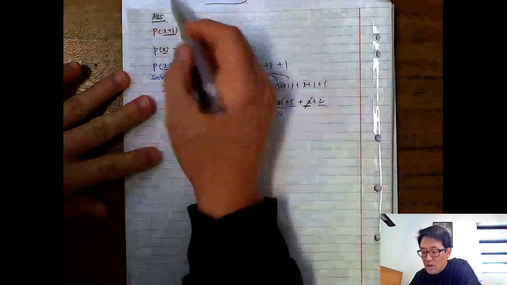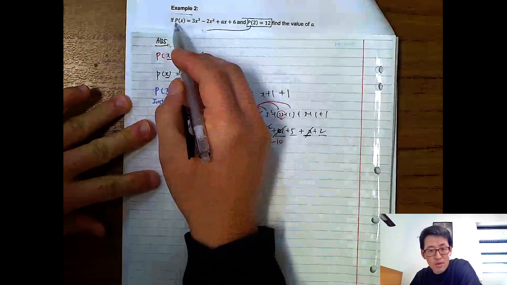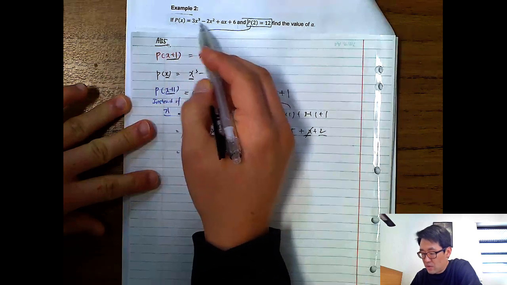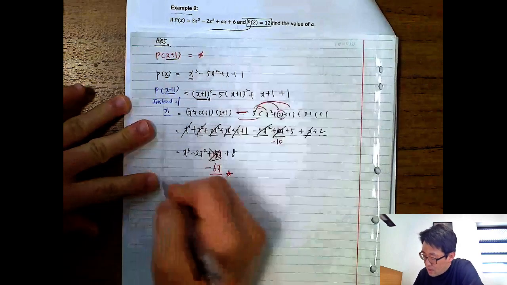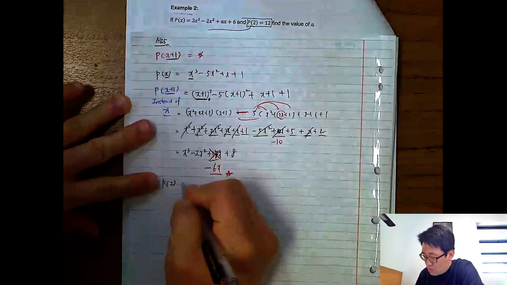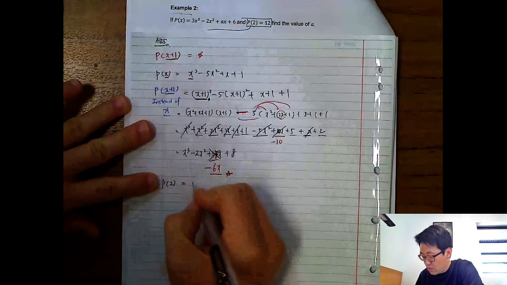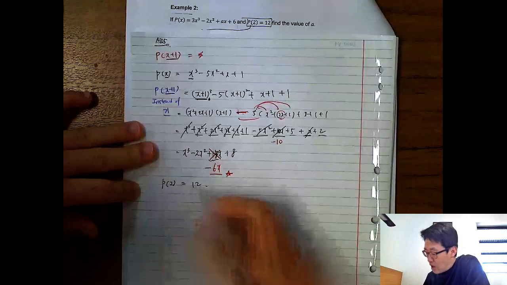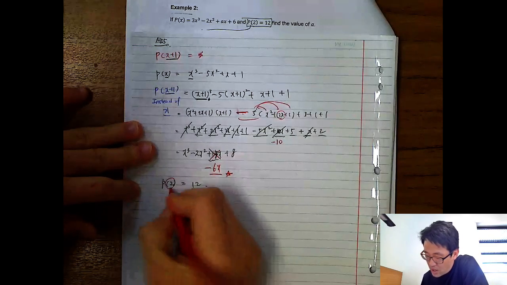Okay. Example 2. If the polynomial P(x) equals 3x cubed minus 2x squared plus ax plus 6, when x is 2 and we plug it all in, we should get 12. So our output has to be 12 when x is 2.